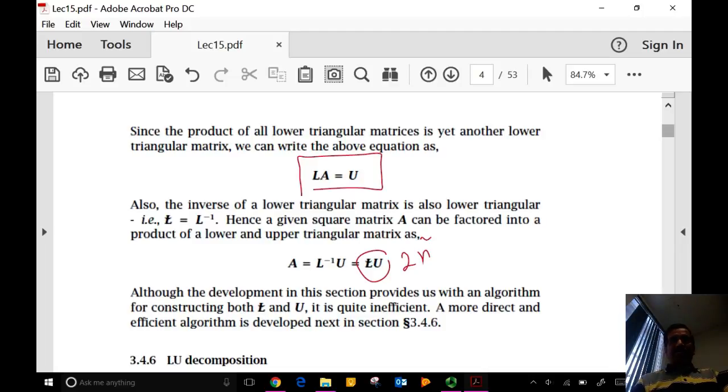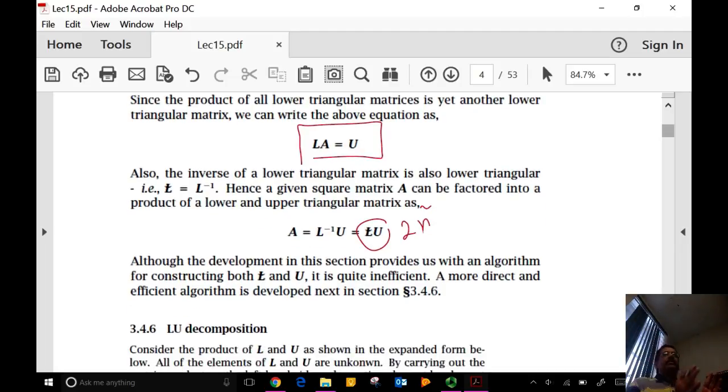And you have only n square equations, because every element in A must be equal to the product of L and U. And we saw that you can exercise this excess degree of freedom of n square by making one lower triangular and the other one upper triangular.